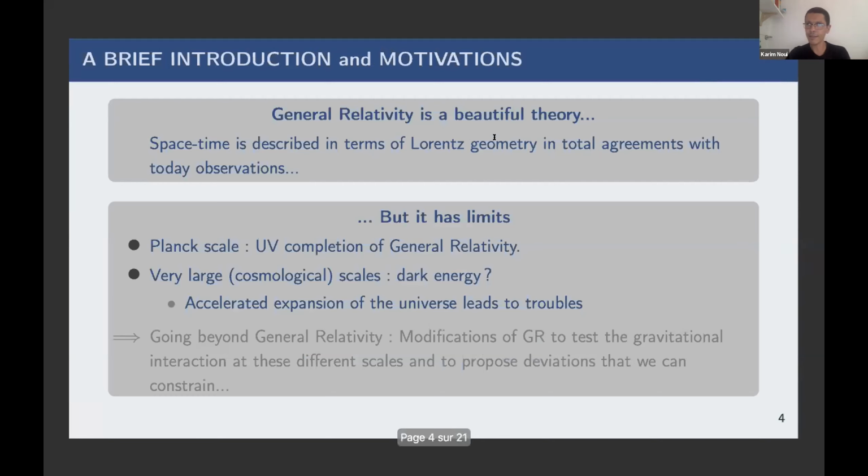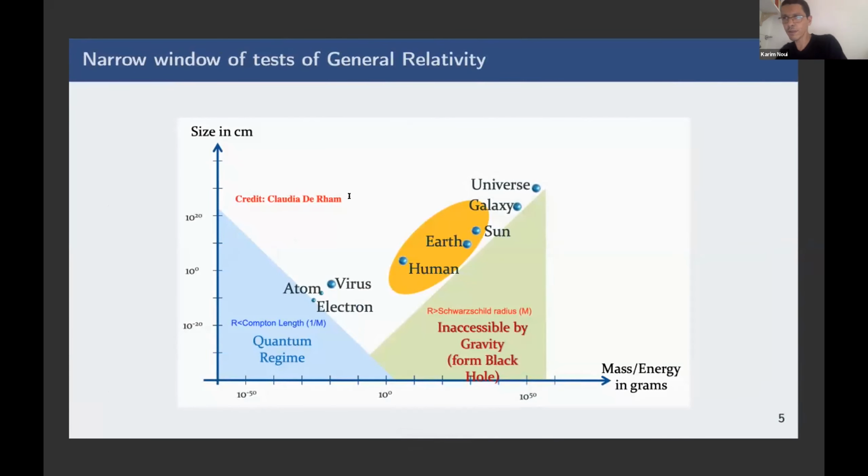Also, I said at the beginning that general relativity is in total agreement with today's observations, which is completely true. But I like very much this cartoon due to Claudia de Rham, which is extremely nice to explain that, even though general relativity is extremely well in agreement with observations, the domain where it has been tested is quite narrow. In this graph, you have on the x-axis the mass of a system, on the y-axis the size of the system, and a point corresponds to a mass and a size.